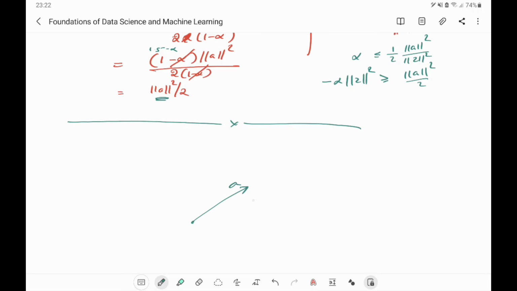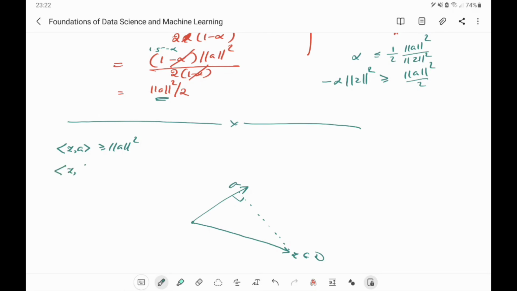And if you have a z again in your convex set, this is a 90 degree. What we are saying is that z inner product A is more than or equal to norm of a squared.